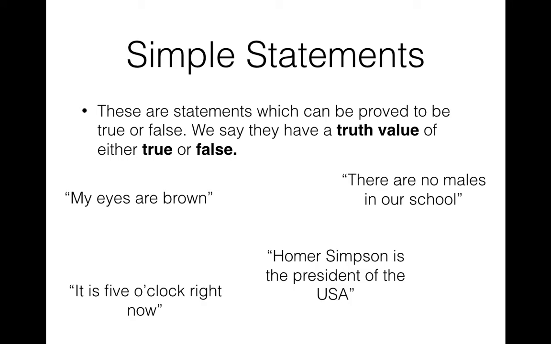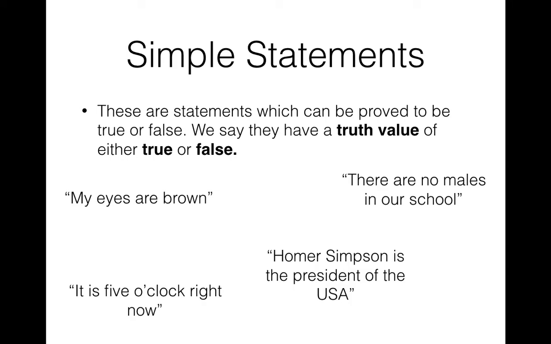Okay, so after all that statement sharing, let's have a look at what a simple statement is. Hopefully a simple statement is something similar to what you've just written. They're basically things that we can say have a truth value. So they can either be true or they're false. So for example, my eyes are brown. That would be a simple statement. I can prove it right, so I can give it a truth value. There are no males in our school.